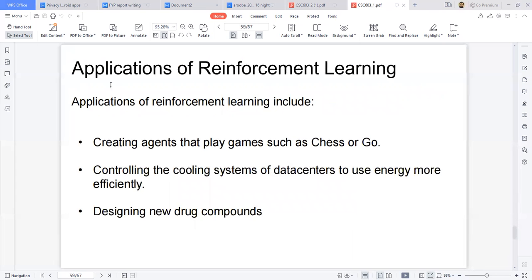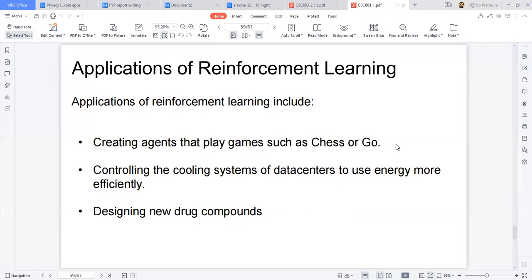So what are the applications of reinforcement learning? Its applications are creating agents that play games such as chess or Go. Like a chess game, or any game, you can create an agent that will learn how we play the chess or how we play some game.